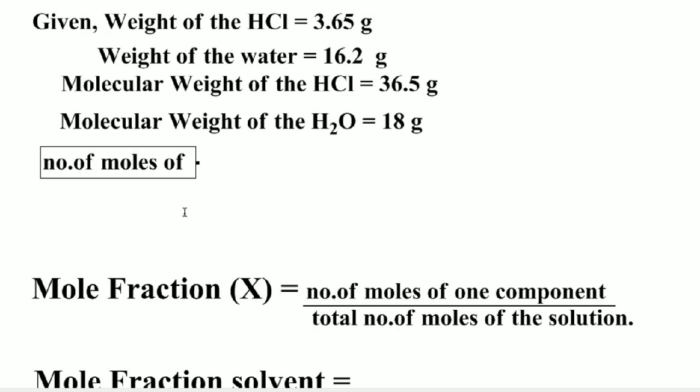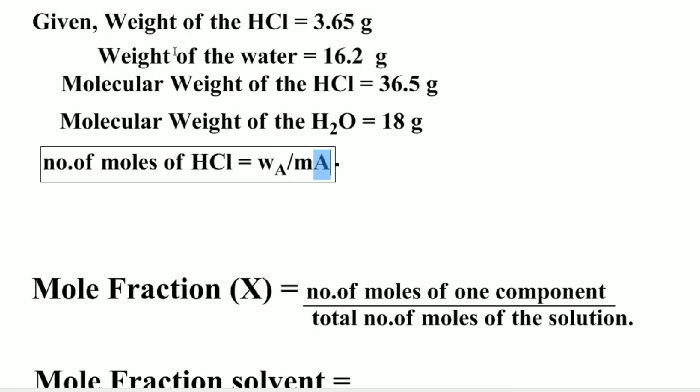Number of moles of HCl is equal to the weight of the HCl divided by the molecular weight of the HCl.